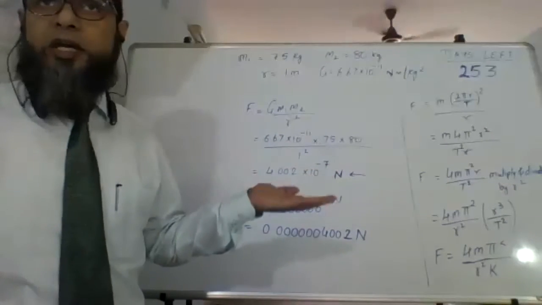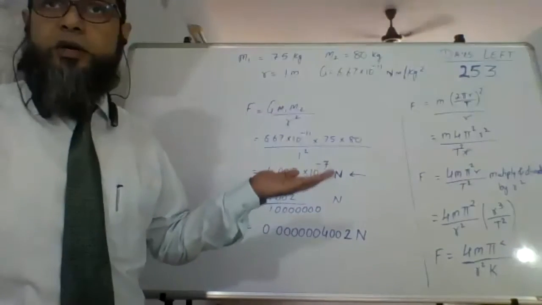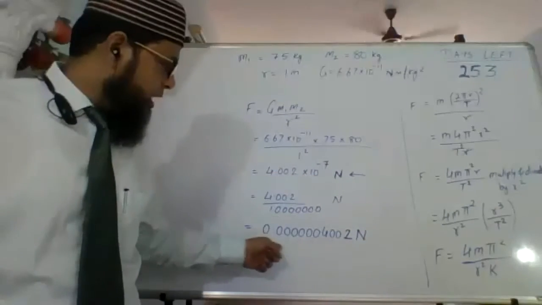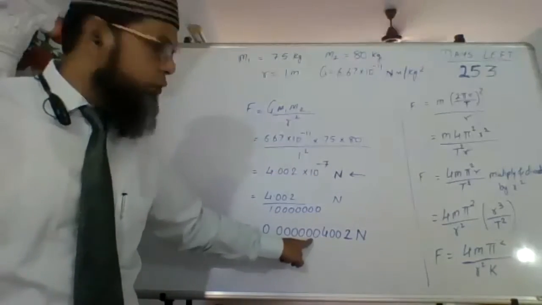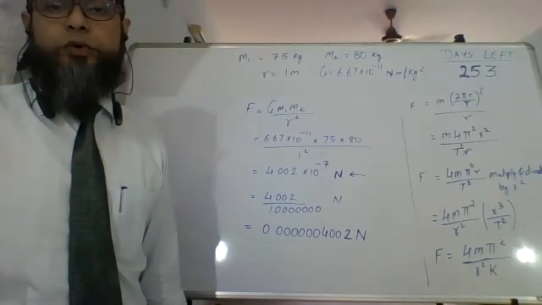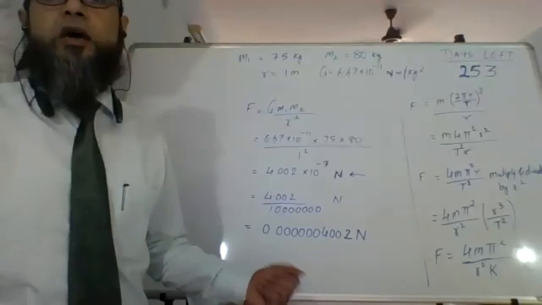So you can understand how much force you are applying. Now imagine this is 0.0000004. So how small or how insignificant that force is. That's why you do not feel that force.